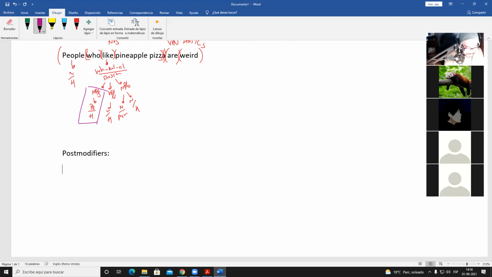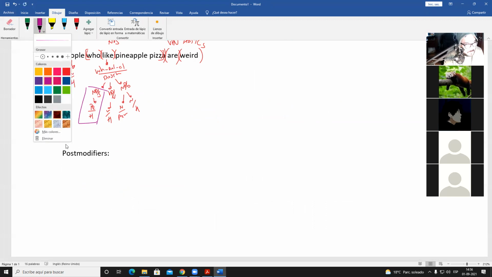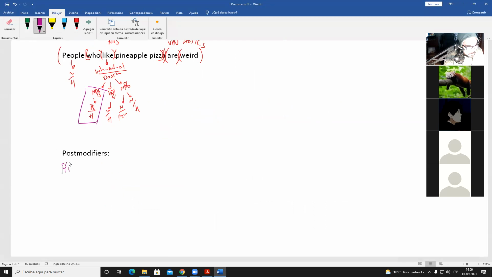Post modifiers then are prepositional phrases, as we already know, non-finite clauses, relative clauses, and some other stuff they call complements.